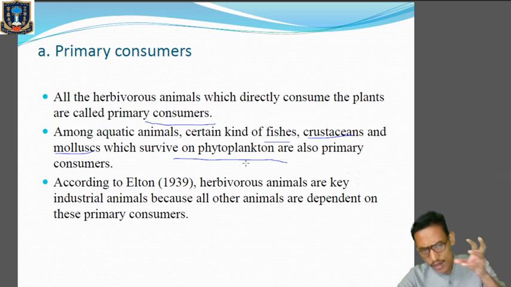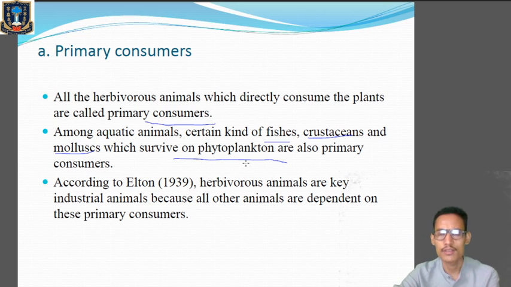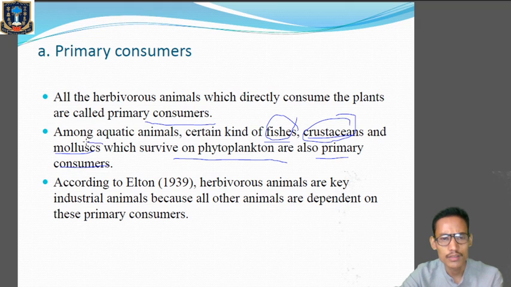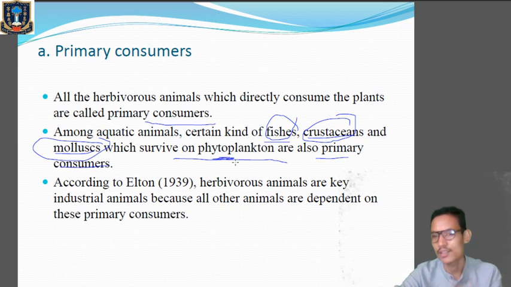So certain fishes, crustaceans, and mollusks in aquatic conditions will act as the primary consumer, because they feed upon the phytoplankton. These phytoplankton act as the producers in the ocean ecosystem.